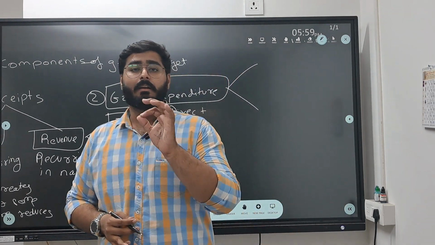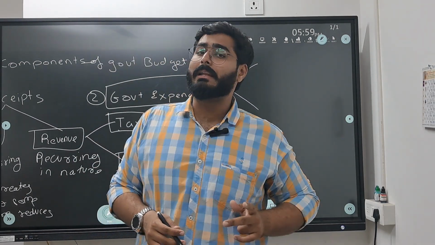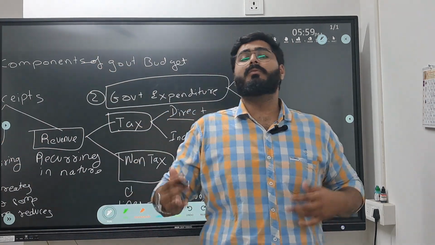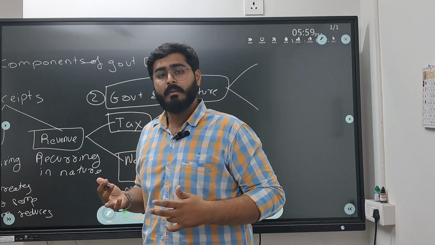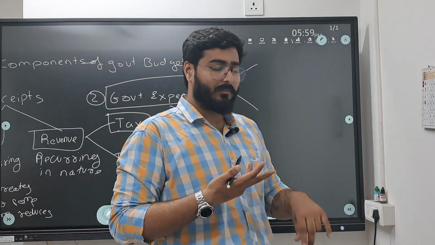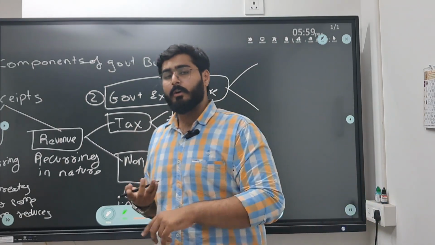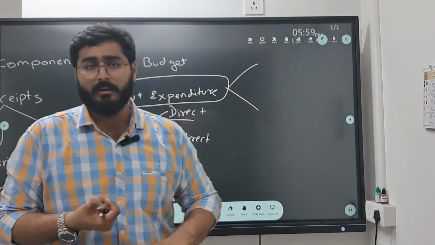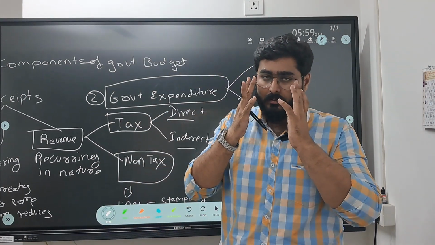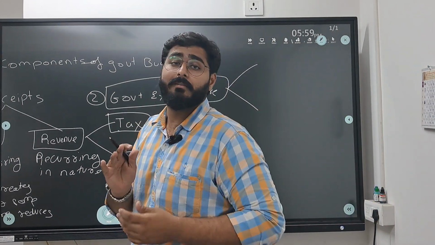Other one is defending our country from foreign enemies. But over the period of time, the role of government has also increased. Now government also looks after employment, poverty, infrastructure, development, what not. Anything happens in the country, we blame government. So government has to look after each and everything.